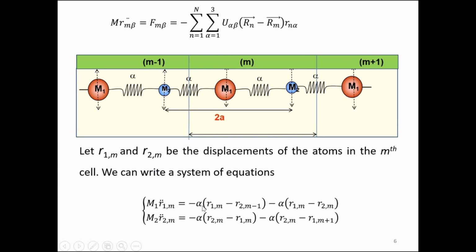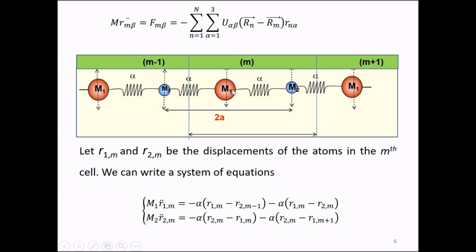The equation is written with the relative displacement, which we denote R1, for the atom M1, where M denotes the cell.